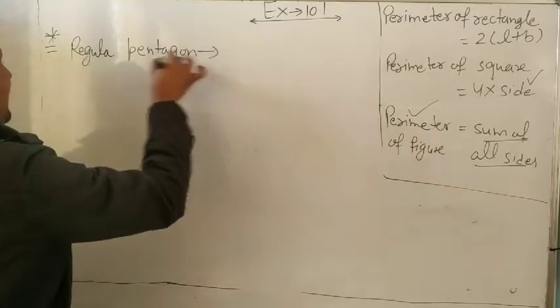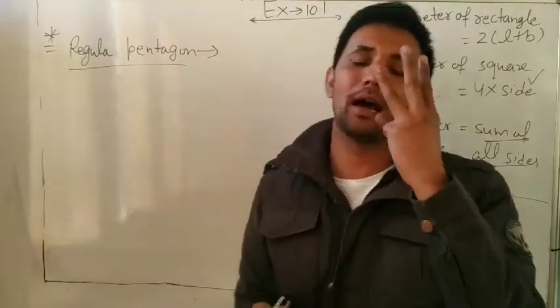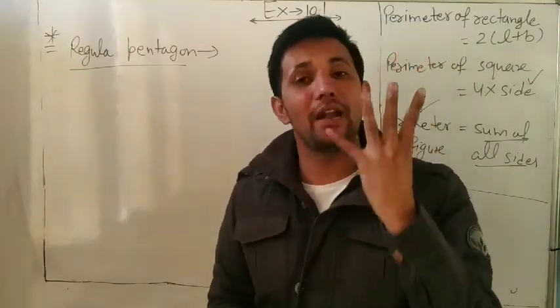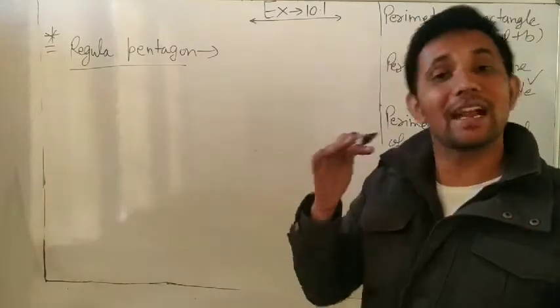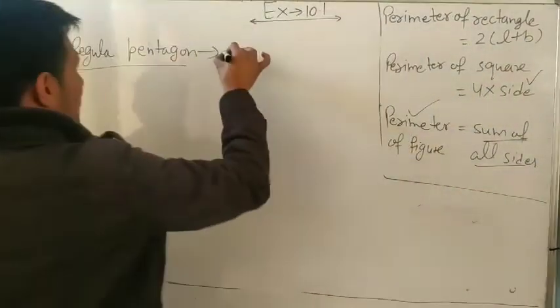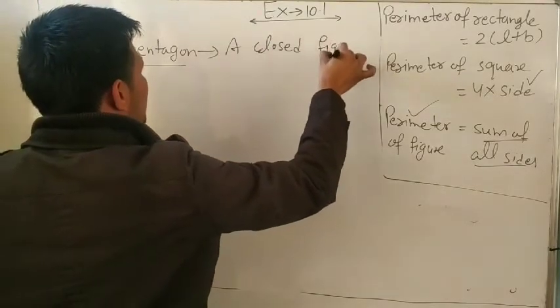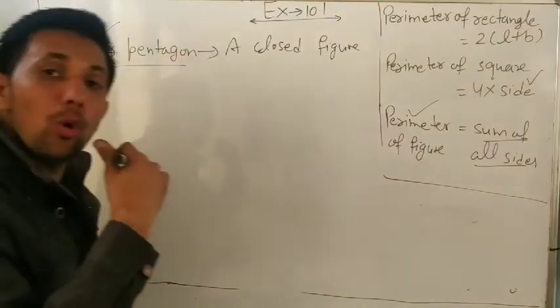Pentagon means a closed figure which has 5 sides. Always remember, 3 sides is a triangle, 4 sides a quadrilateral, 5 sides a pentagon, and 6 sides a hexagon, we already know. Regular means all sides are equal.